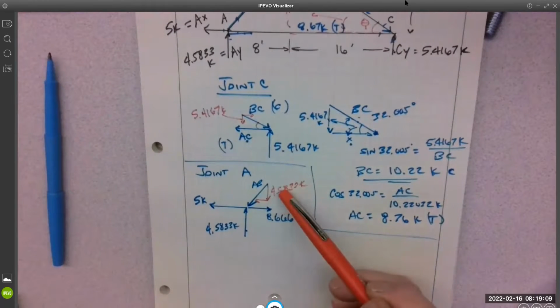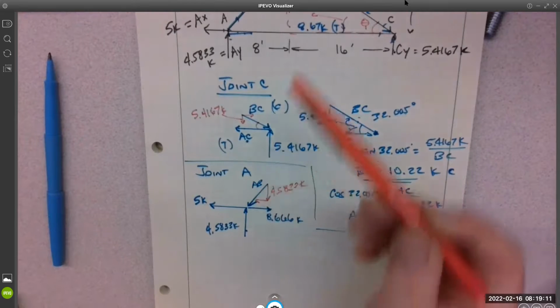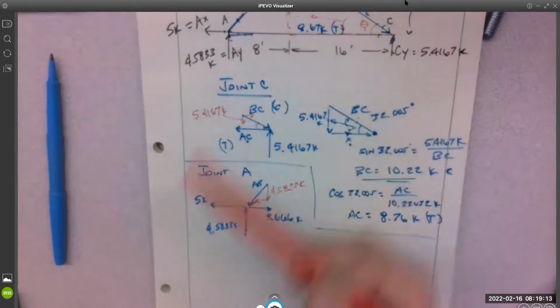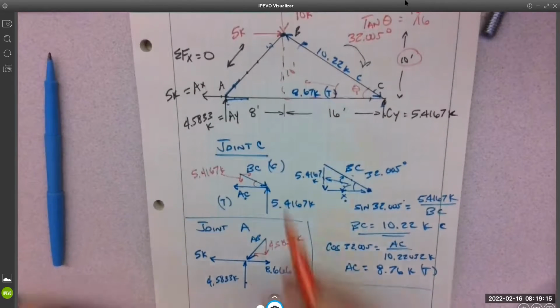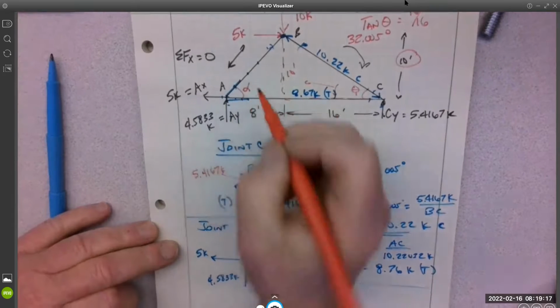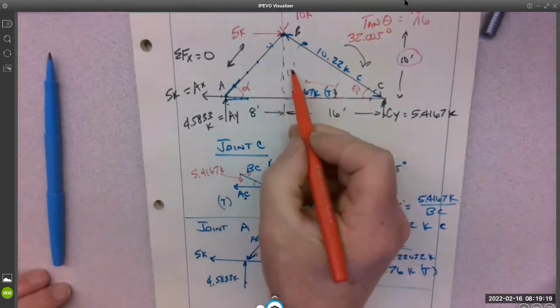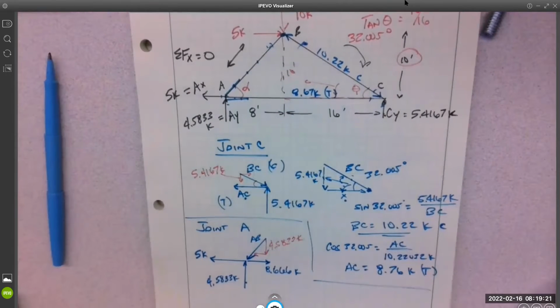So that solves this one out because we can figure out this angle, gamma, right? It's going to be inverse tangent 10 over 8.